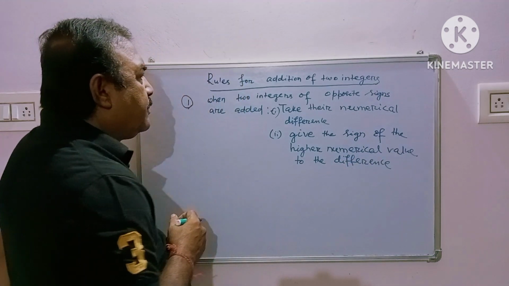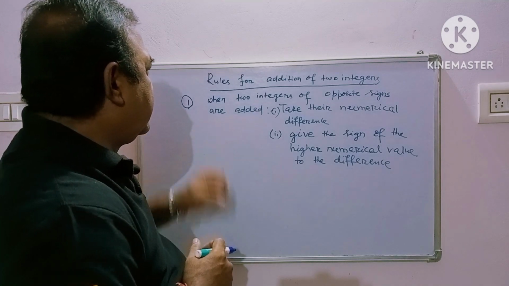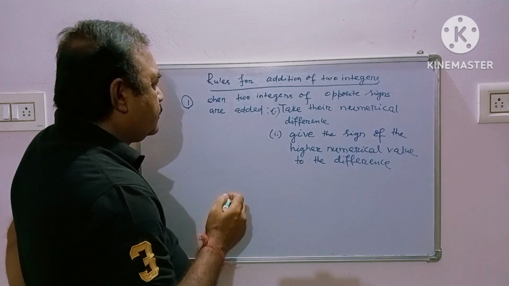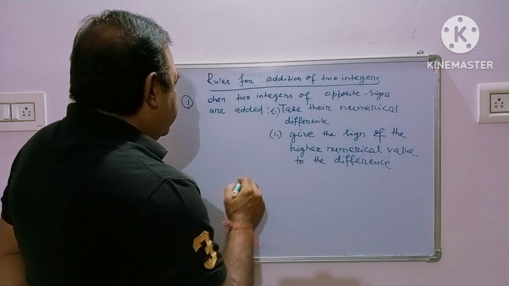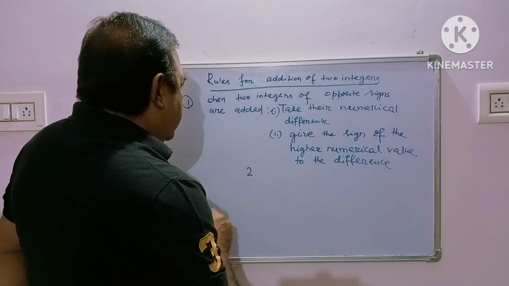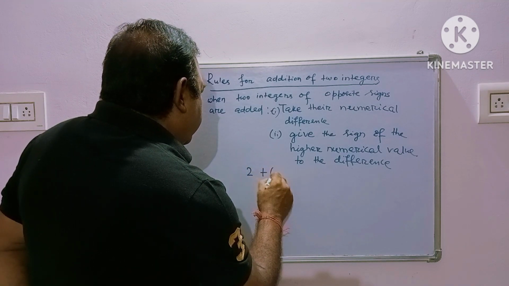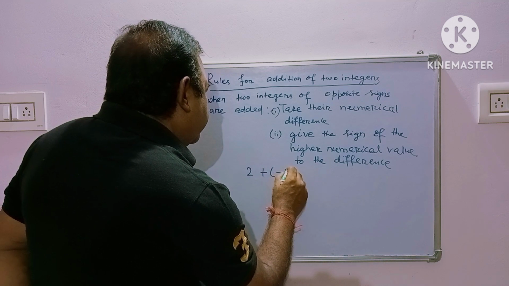So let us take an example and we will see it. Suppose 2 plus of minus 5.